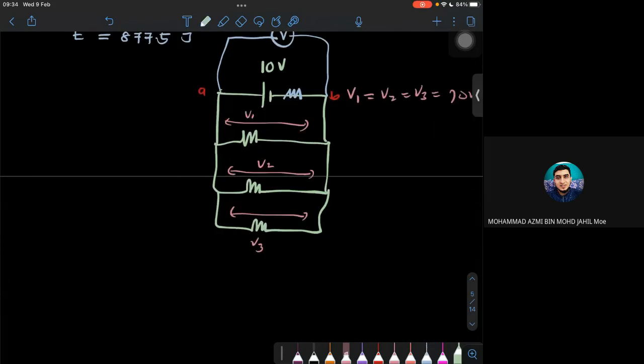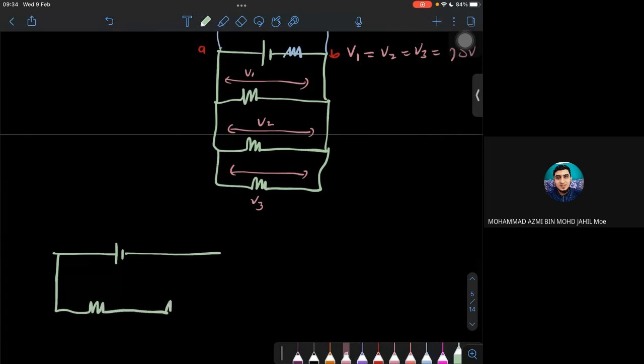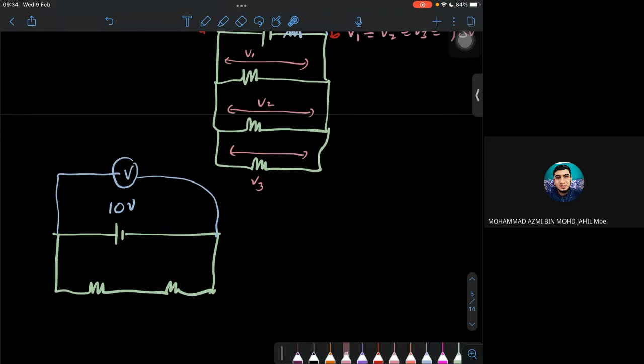Because in series we have something like this, right? So when we have 10 volt and then kita letak voltmeter and then kita akan measure. Between these 2 point pun dia akan measure 10 volt sama sebab dia measure between point yang sama.